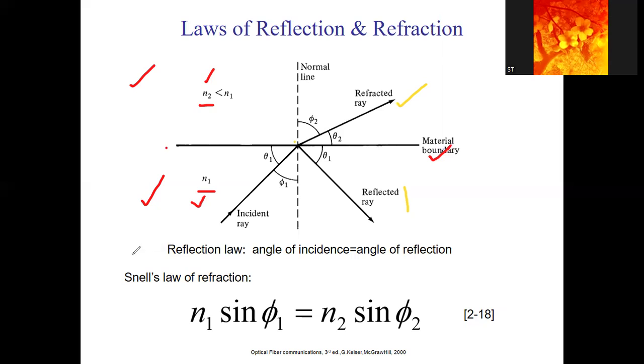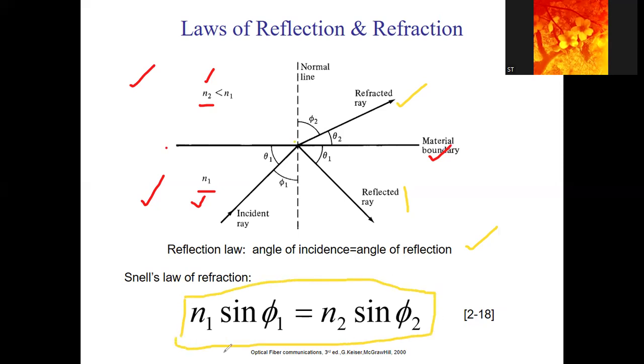On the basis of this discussion, we define two laws: the law of reflection and Snell's law of refraction. The law of reflection says that the angle of incidence is equal to the angle of reflection. Snell's law of refraction is n1 sine phi 1, where phi 1 is the incidence angle, equals n2 sine phi 2, where phi 2 is the angle of refraction.